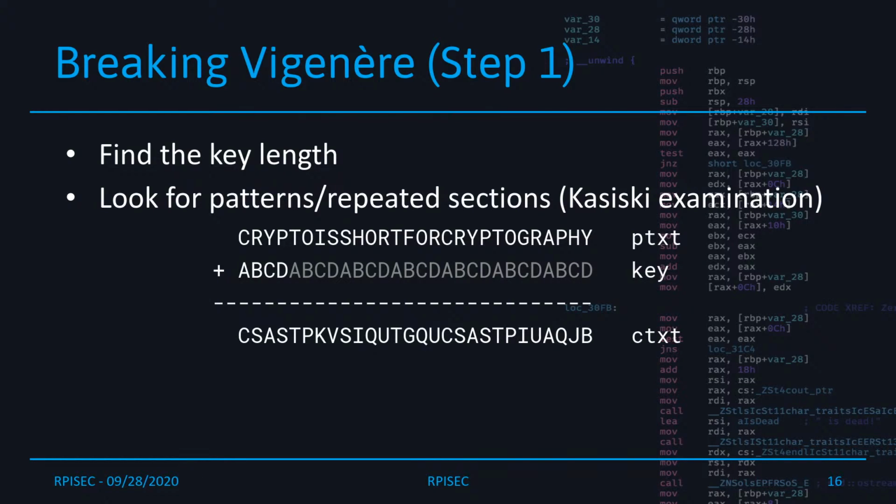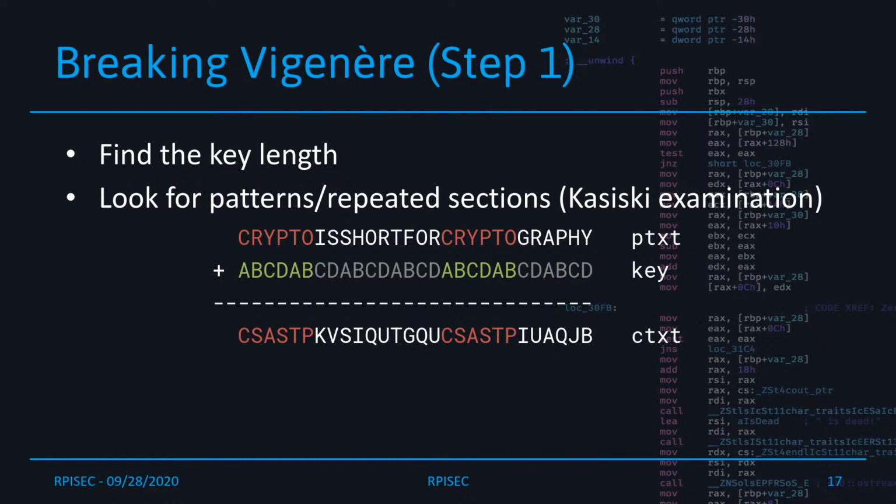The way we do that is by looking for patterns or repeated sections in the ciphertext. In this case, we see the plaintext, the key, and the ciphertext, but you could just apply this to the ciphertext. This is just for illustrative purposes. So in this case, we have the plaintext: crypto is short for cryptography, and the key that we use to encrypt it is ABCD.